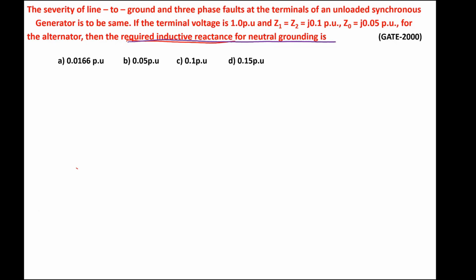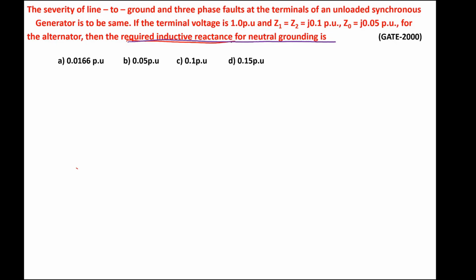I want to make the severity of single line to ground fault and three-phase short circuit fault equal at the terminals of the alternator. Then what is the per unit inductive reactance that has to be connected in the neutral of the alternator?